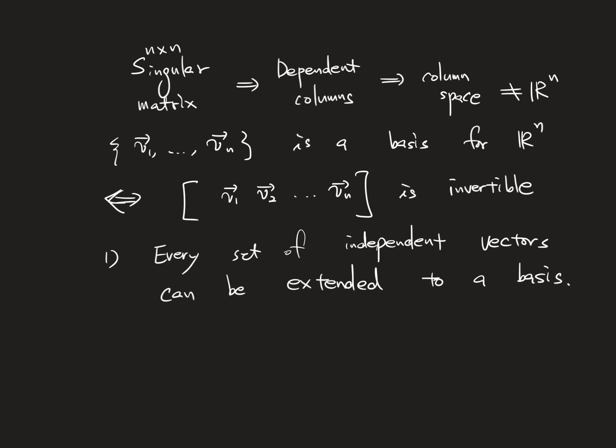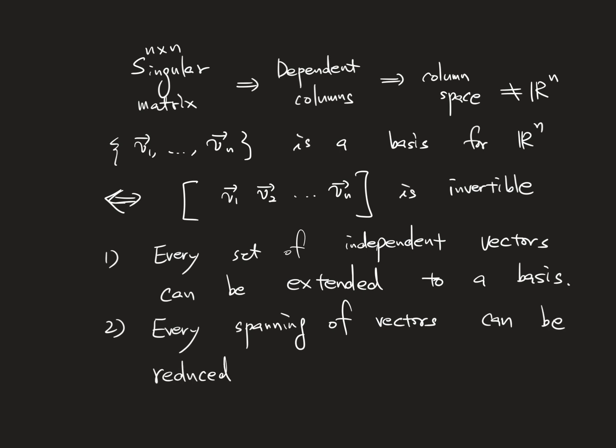So if you have just a small number of independent vectors, you can add some more, and then you can find a basis that includes the previous set. And every spanning set of vectors can be reduced to a basis.